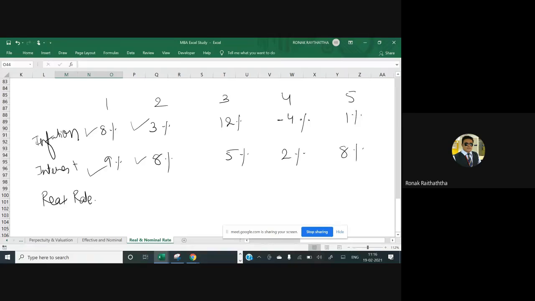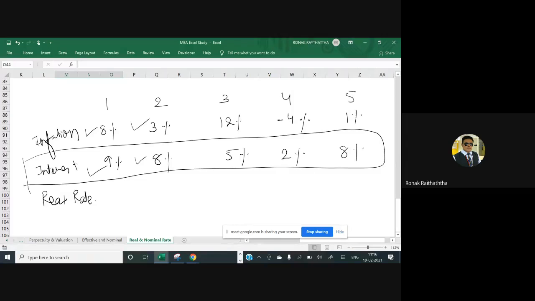For the first one, can someone give me the answer? 1 plus I divided by 1 plus F minus 1, as simple as that. So the real rate, I am writing the formula, equals 1 plus I divided by 1 plus F minus 1, where F stands for the inflation and I stands for the interest rate.